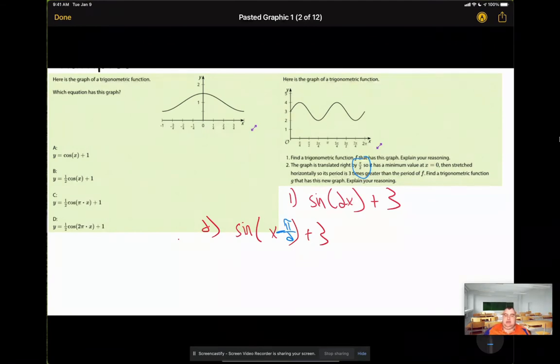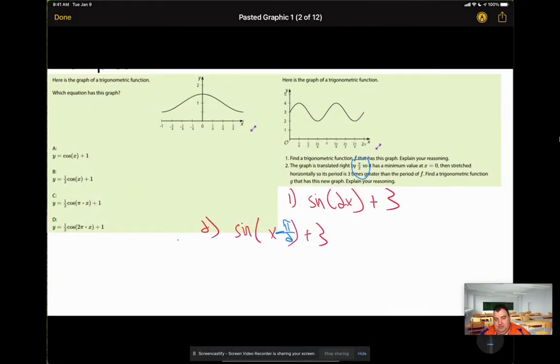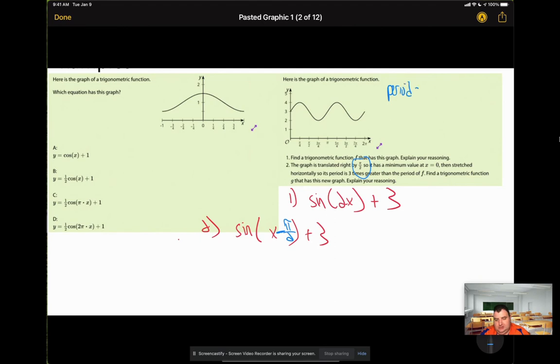Okay, now we want the period. We're increasing the period by 3. So if we go back, we had said that our period from number 1 was pi. So my original period was pi. I'm stretching it horizontally so that its new period is 3 times greater than the previous period. So the new period is going to be 3 times the old period.